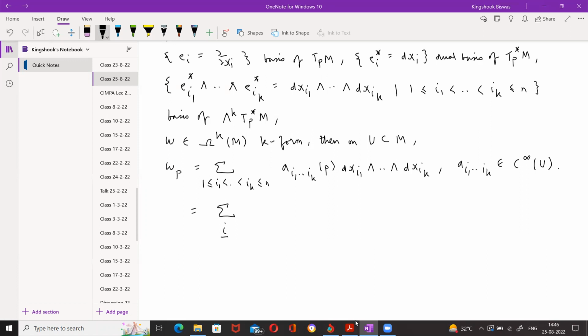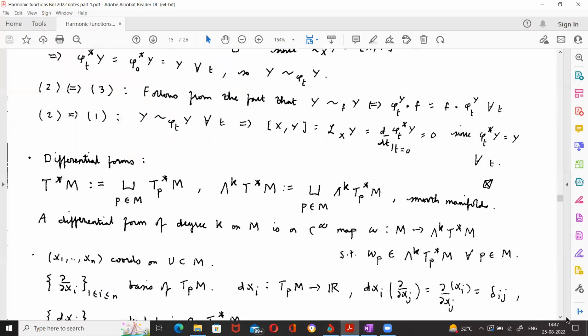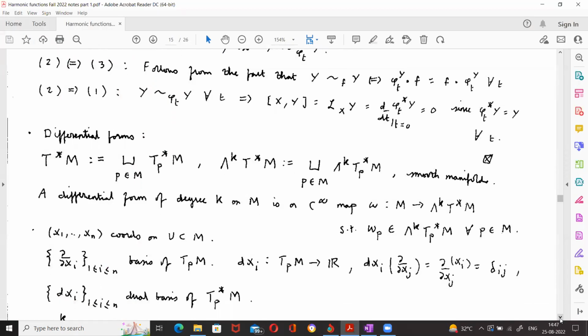These coefficients I'll write as a_Ī, and this wedge product I'll write as dx_Ī. So dx_Ī means this k-fold wedge product, dx_{i1} wedge up to dx_{ik}. This is just a compact notation. So these are what k-forms look like.